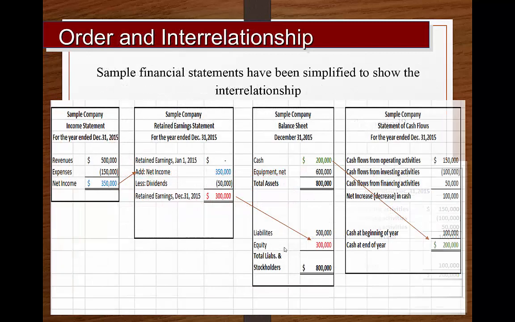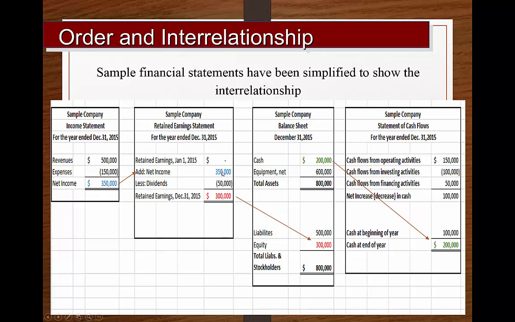So the last slide I'm going to go over is really going to point out the interrelationship between all four of those statements and point out why we prepared them in the order that we did, because we really need to have one number from the previous statement in order to complete the next statement. So the first financial statement was the income statement, where we solved for the net income during the period.